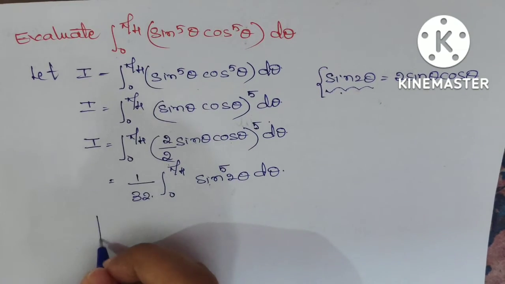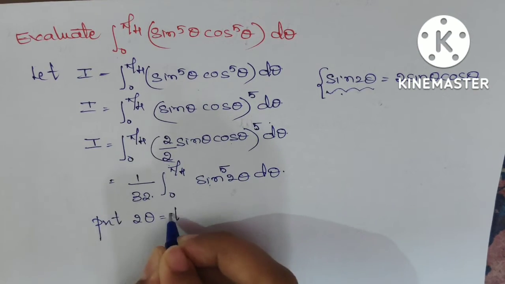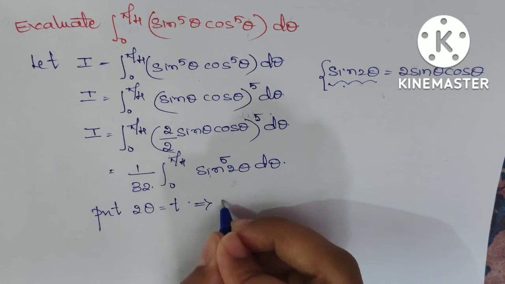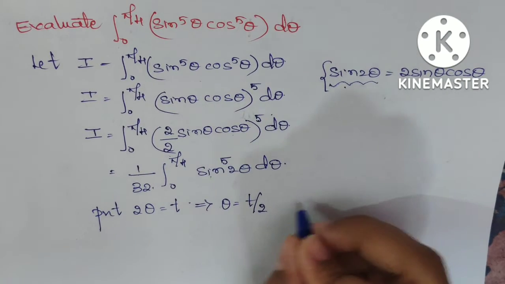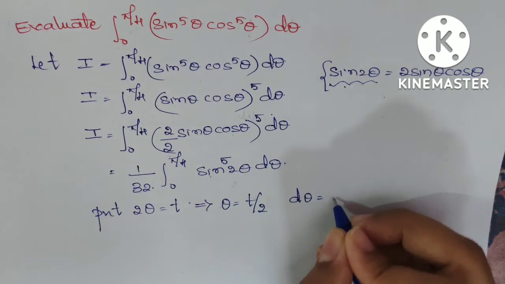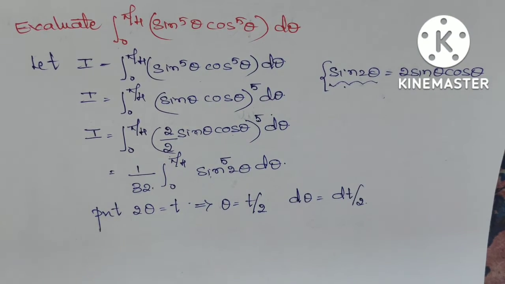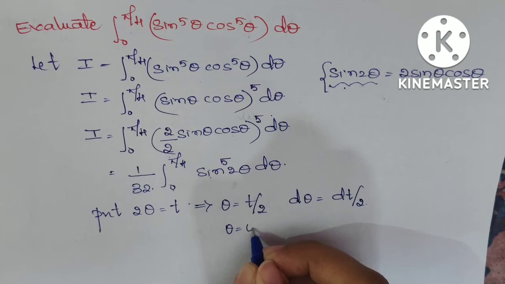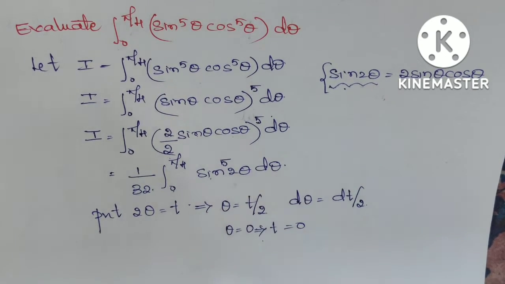Now put 2 theta equals t. Then theta equals t by 2. d theta equals dt by 2. But here we have the limits from 0 to pi by 4. When theta is equal to 0, t equals 0.